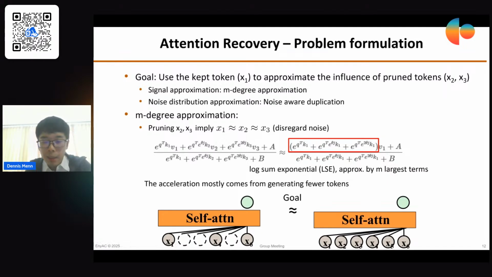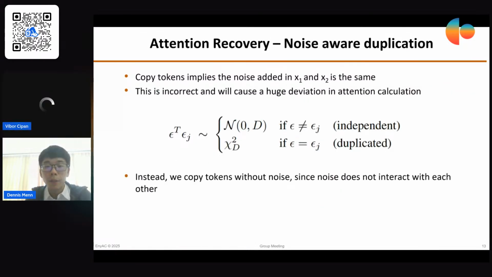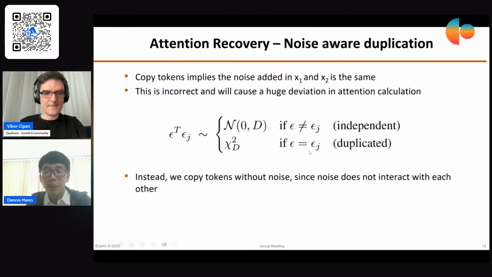In the signal aspect, this is correct, but in the noise aspect, this is incorrect, because a diffusion model by default has IID noise added on different tokens. If you assume they are the same, then you will get a very different distribution compared with when they are different. And this will actually cause a huge deviation in attention calculation. We did see that.